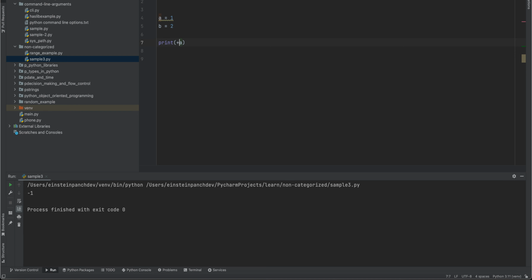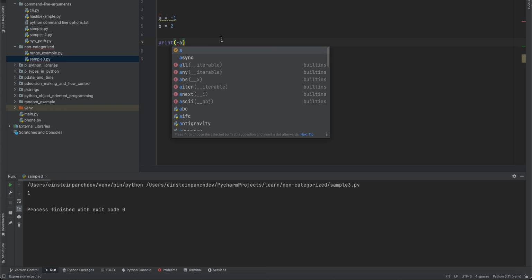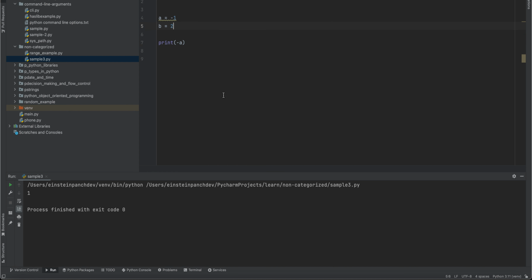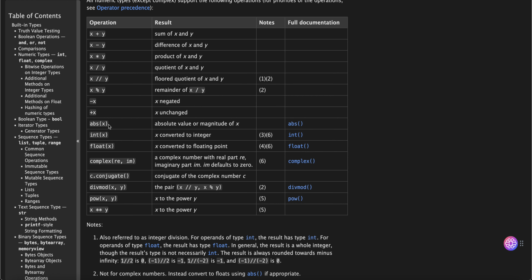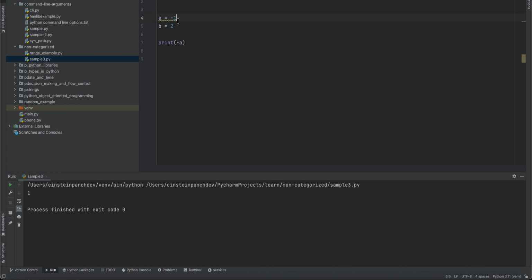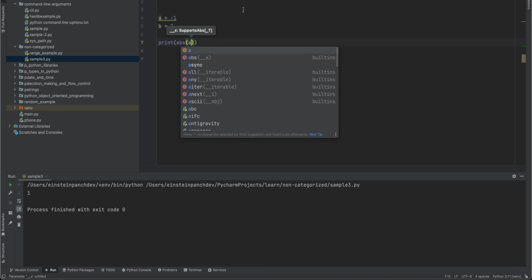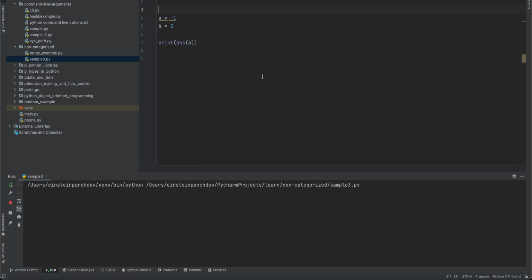Print plus a will print 1, and if this is minus, print minus a will print 1. This is true. Absolute: abs of minus 1, abs a will print 1.